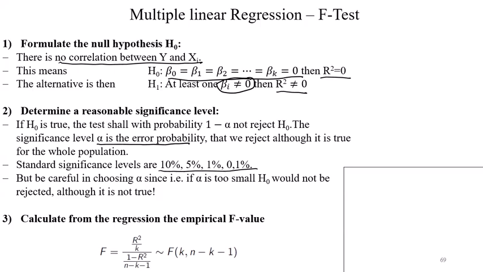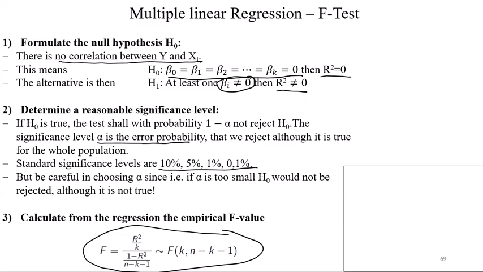And then we calculate our F statistic due to this formula. And then we look at how such an F distribution looks like, and if we are in the right or left part due to our density function.